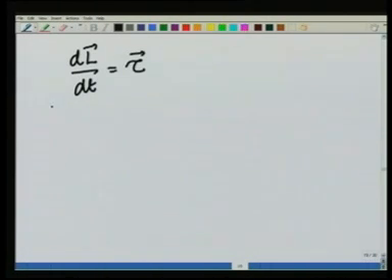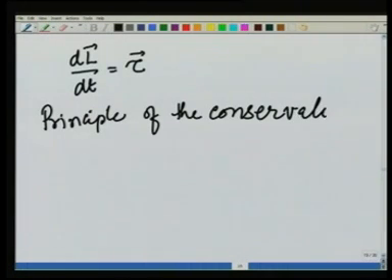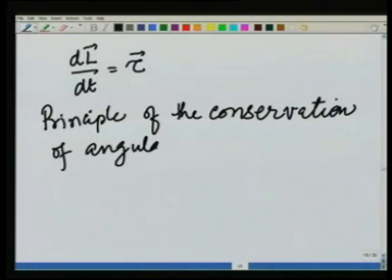enunciate the principle of the conservation of angular momentum.